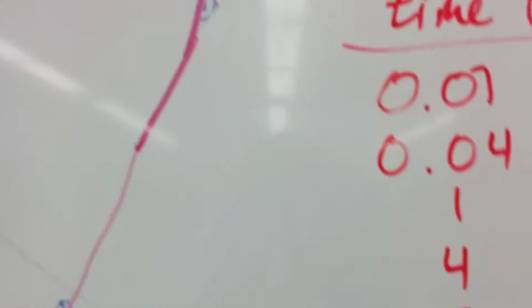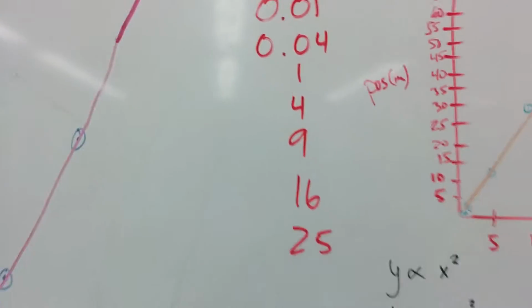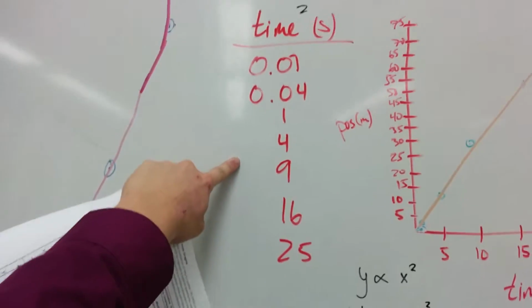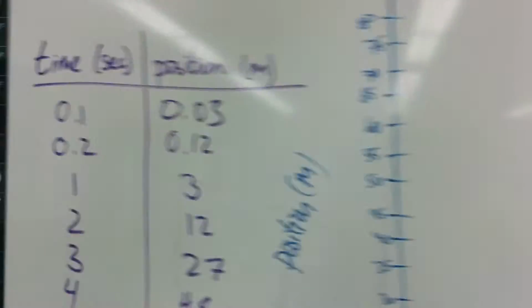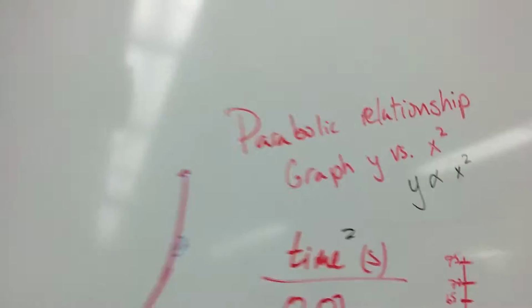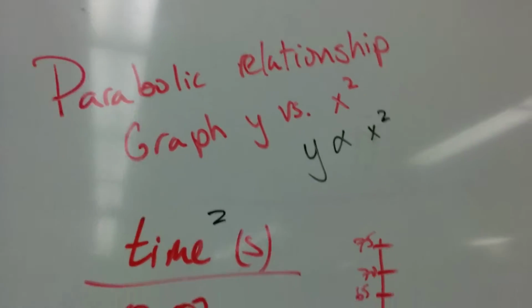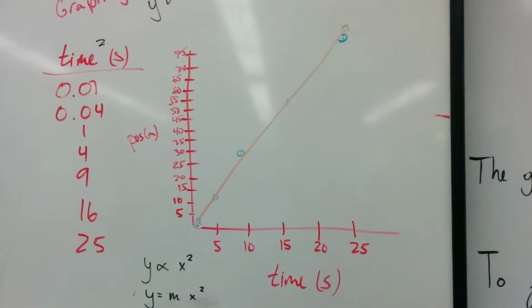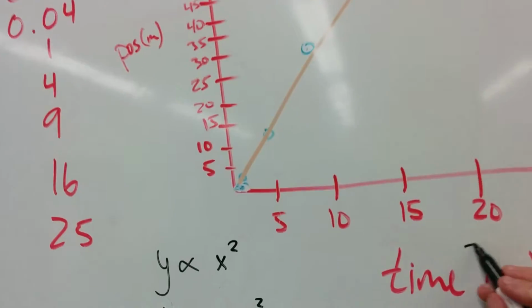This is time squared. So I took my original time, squared it, and then plotted that data. So this is going on the x-axis, with position still going on the y, because remember we're graphing y versus x squared.